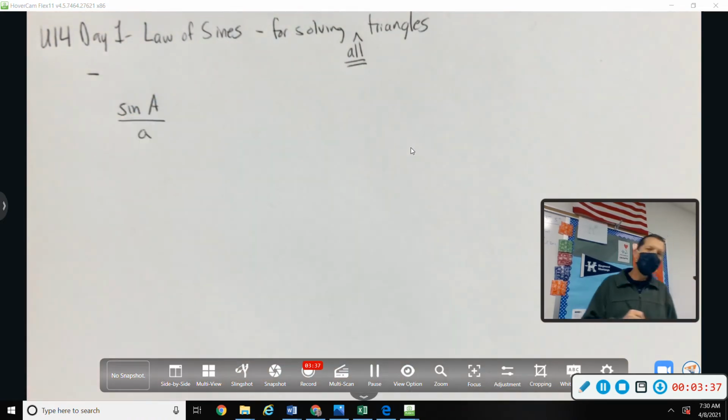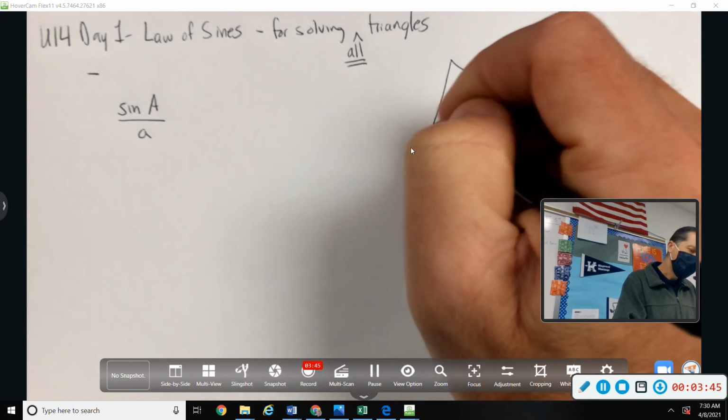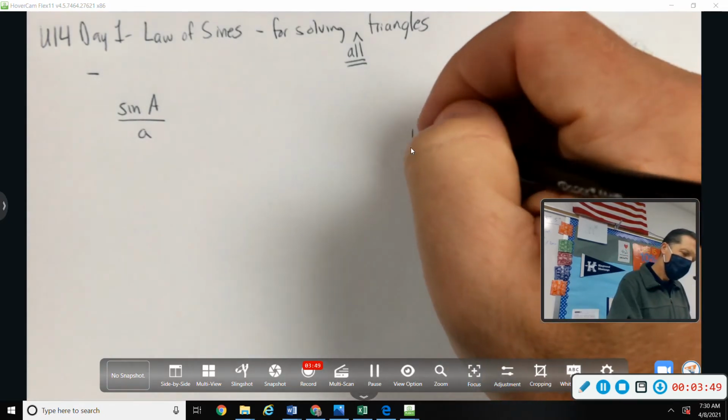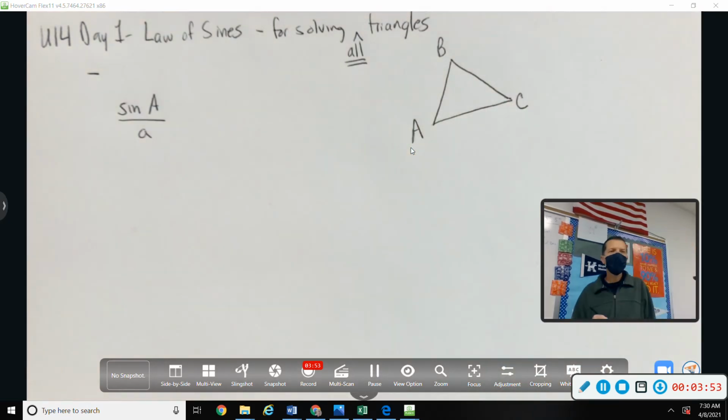Sine of A over a. Right, probably should draw a picture first. So draw a triangle, any old triangle you want. Make the angles capital A, B, and C. So the angles are the capital letters.